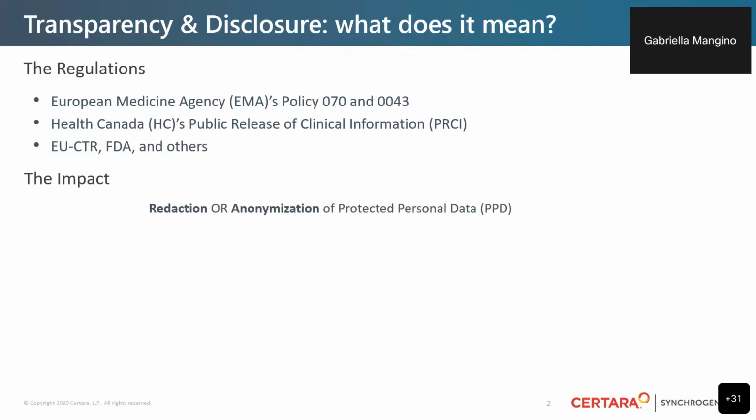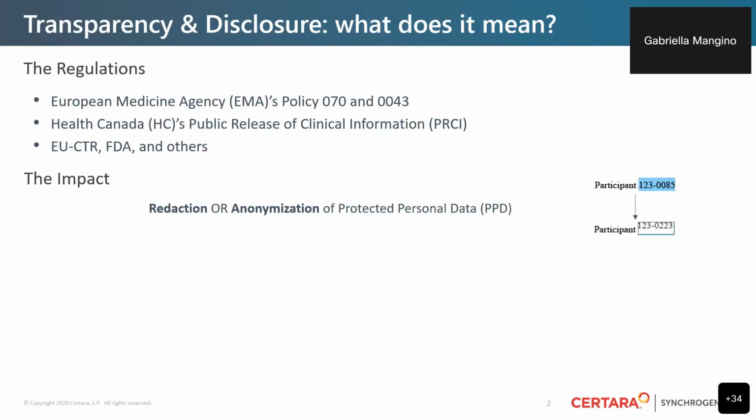This results in the redaction or anonymization of protected personal data. You may hear this as PPD or PPI. This is where we are transforming a particular data field to support its anonymization. Think of anonymization as an umbrella term for the ways in which we transform data to disclose it.